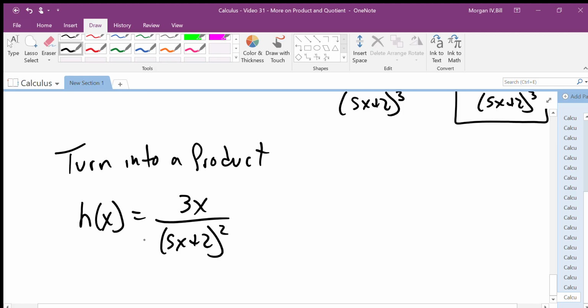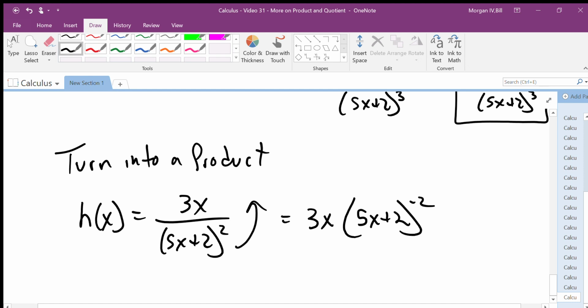Let's bring this 5x plus 2 squared up into the numerator so that it's a product. All that does is change the exponent from positive 2 to negative 2 when I bring it up to the top. This is 3x times 5x plus 2 to the negative 2.